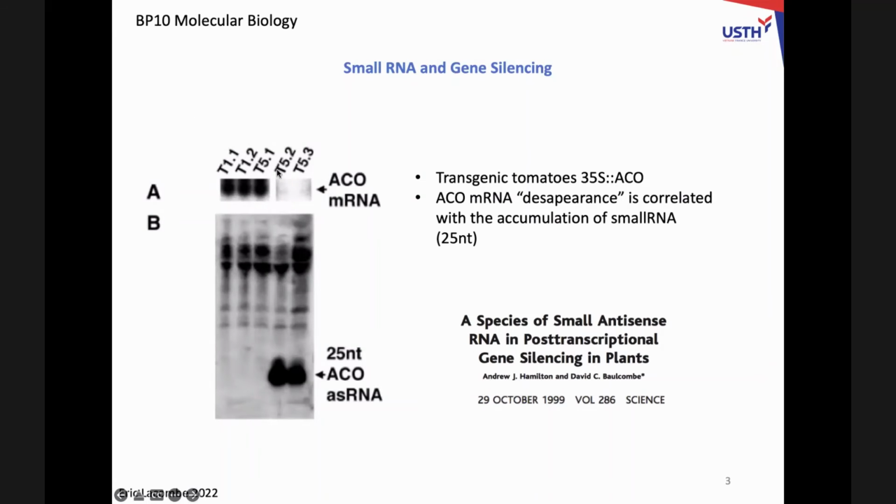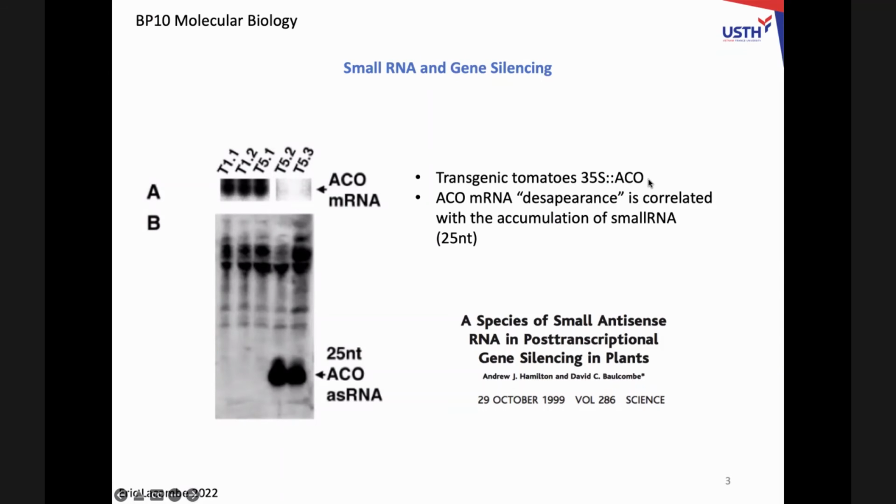They took these 5 plants, extracted the RNA, and wanted to do a northern blot to monitor the accumulation of the mRNA coding for the ACO enzyme.